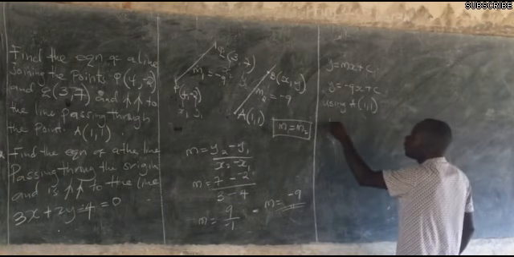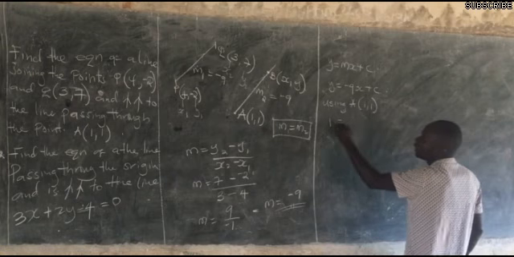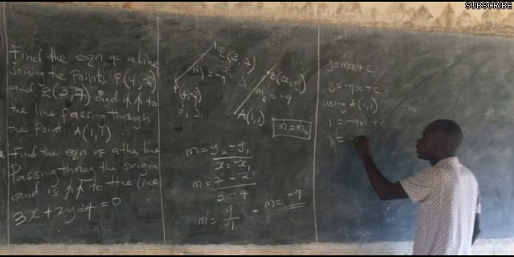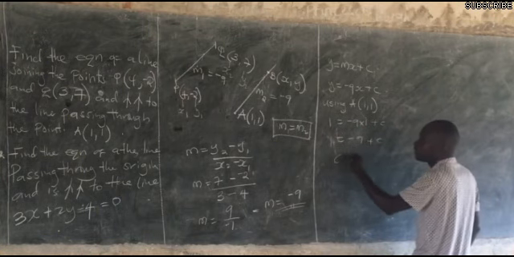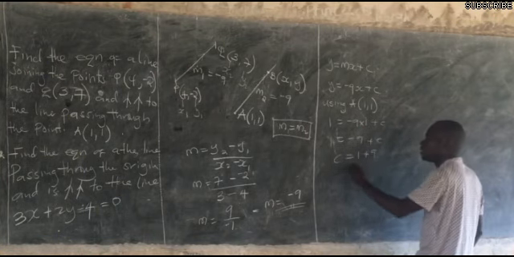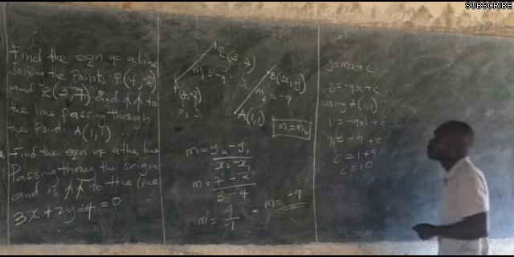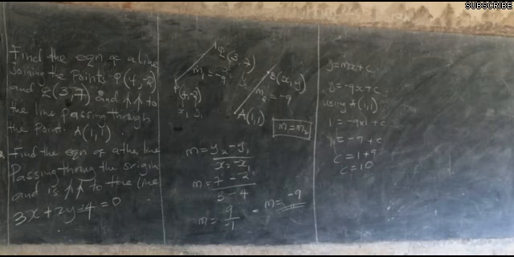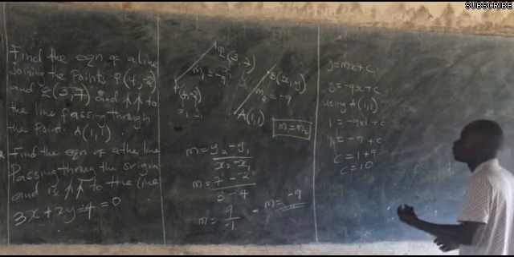I can come and say 1 because this is x and this is y. It's equal to -9 times 1 plus c. So 1 is equal to -9 plus c. So my c is equal to 1 plus 9, making my c to be 10. So if my value of c is 10 and we've got it, this means that we can assemble and come up with the equation of the line.